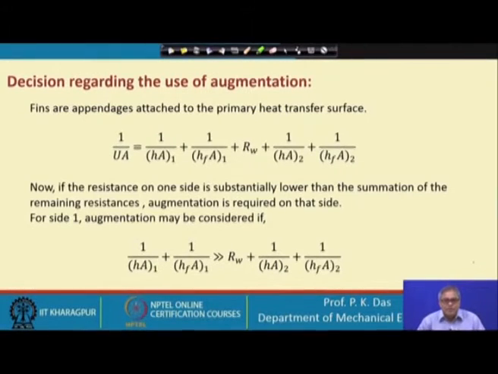Now, if we have got limited resources, as I have told, then we have to decide at least which side should be our target to start with for providing the augmentation. For this, what do we have to do? We have to think of the thermal resistances in the path of flow of heat. Heat is getting transferred from one moving fluid to the other moving fluid. There are several resistances. For fluid 1 there is a resistance.